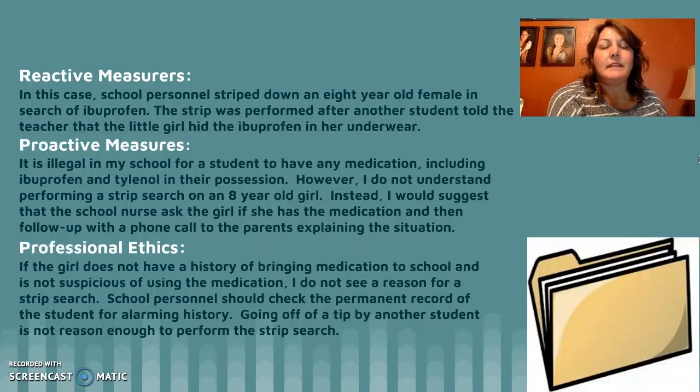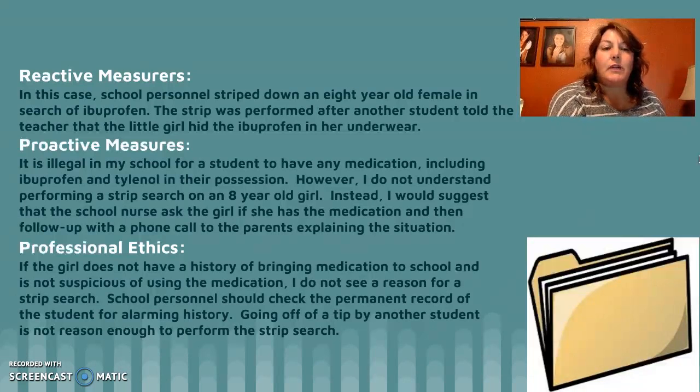Communicating with the parents. I think communication is key. If the parents don't know what you did and they don't hear it from you first, then they're going to be angry. Professional ethics: if the girl does not have a history of bringing medication to school and she is not suspected of using the medication, then do not perform a strip search.